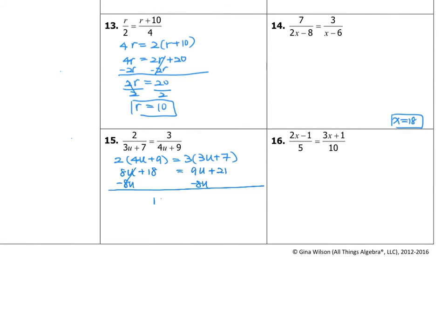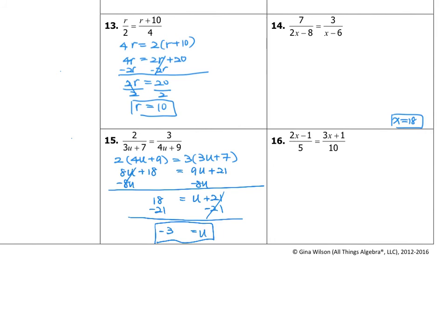Now, on the left-hand side, I have 18 left. On the right-hand side, I have a positive u. So then I don't need to deal with negative numbers just yet. Last step, to get rid of the 21, subtract 21 on both sides. Here's my final answer. Okay? Not hard at all, but you need to do it and you need to do it right.